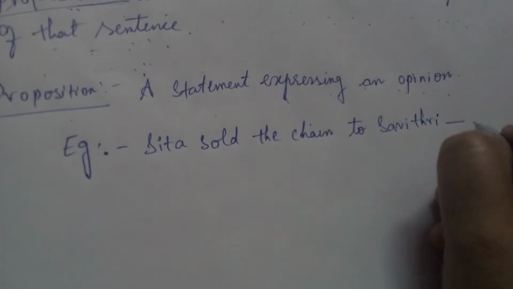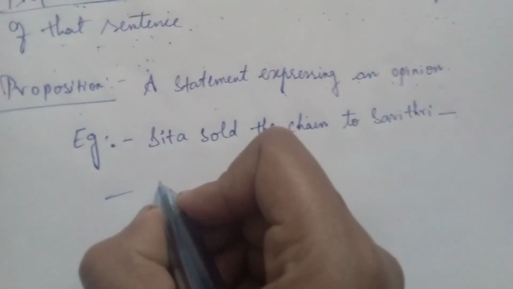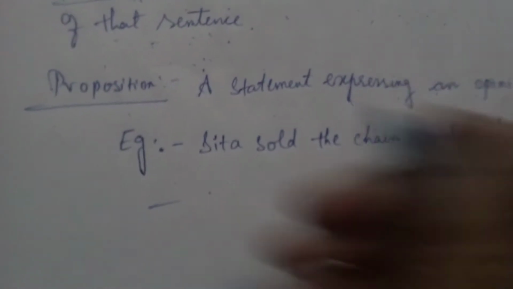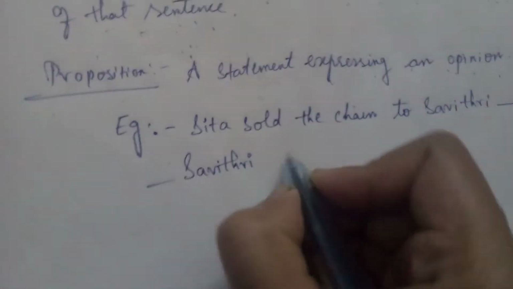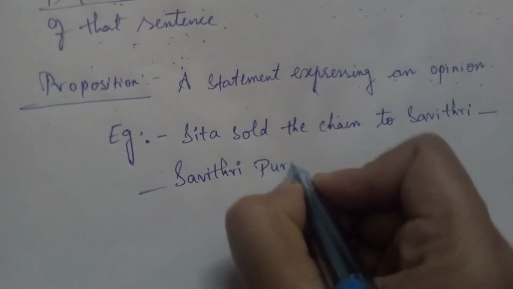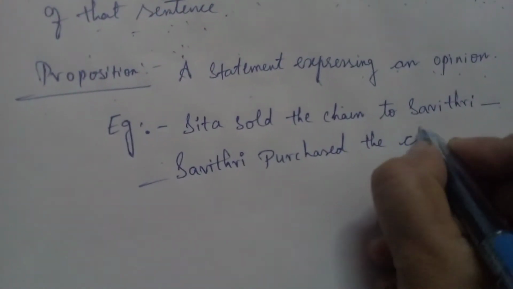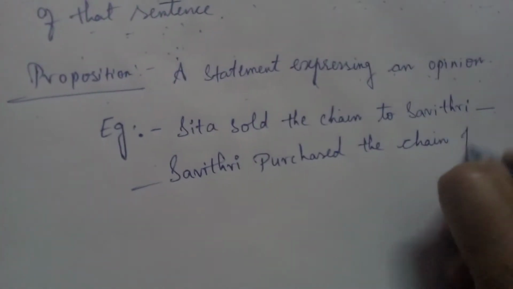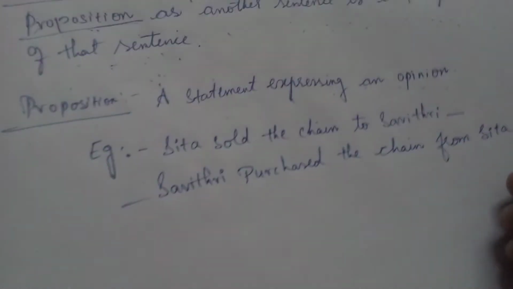Okay, here the other statement is Savitri purchased the chain from Sita.